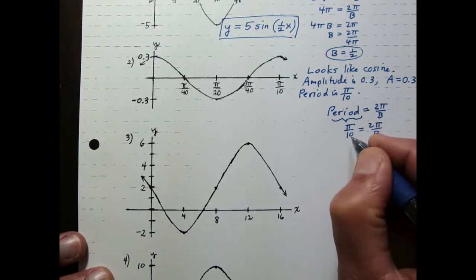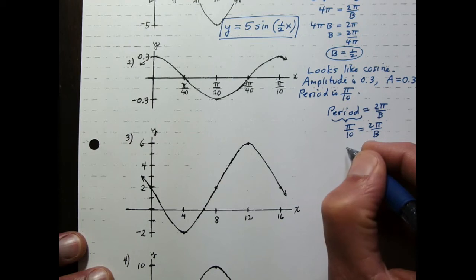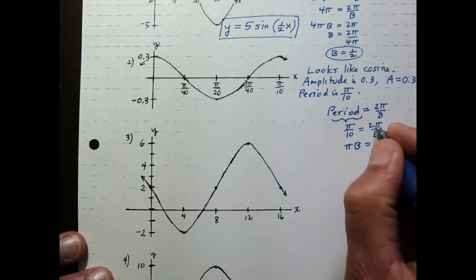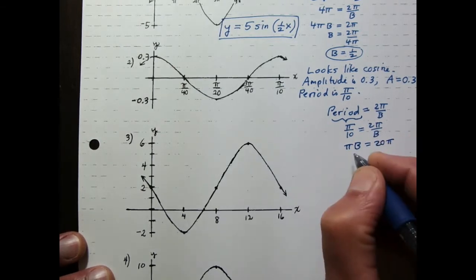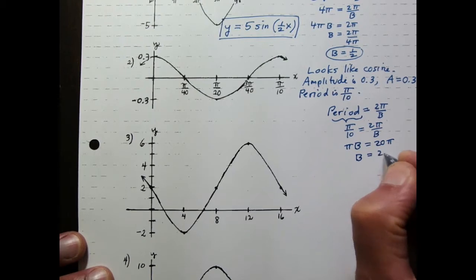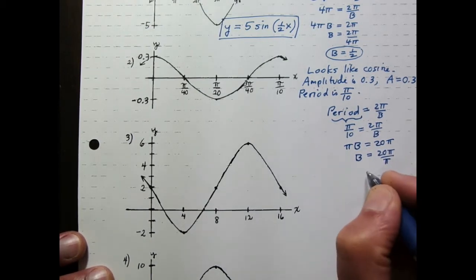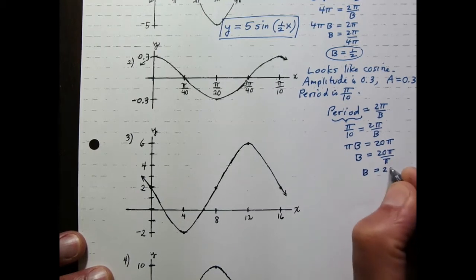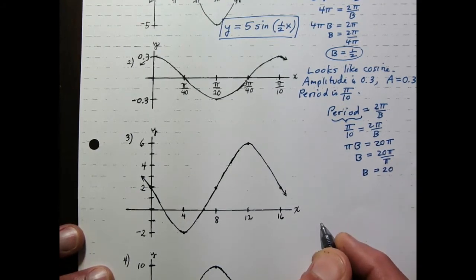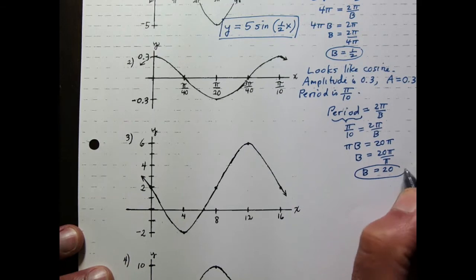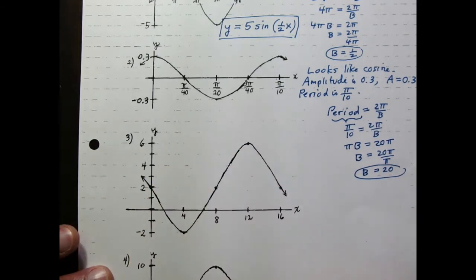You can cross multiply if you want here. Since we have one fraction equals another, we could say pi b equals 10 times 2 pi, which is 20 pi. Divide both sides by pi, then b is 20 pi over pi, or b is 20. And so I got a b value for this second graph.